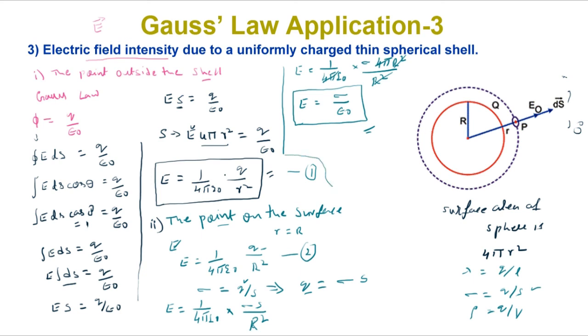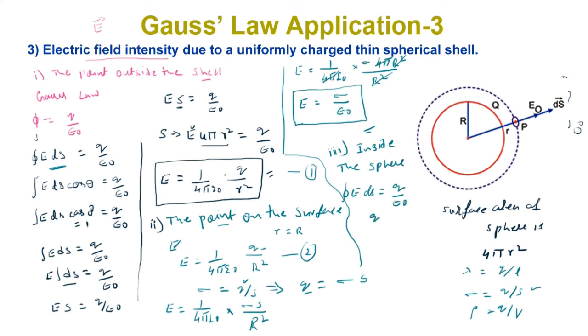And the last one, the third, is inside the sphere. Inside the sphere, first of all, no charge exists. So for the outward flux, I am copying this equation here: the total flux, E into dS, is equal to charge divided by epsilon naught.